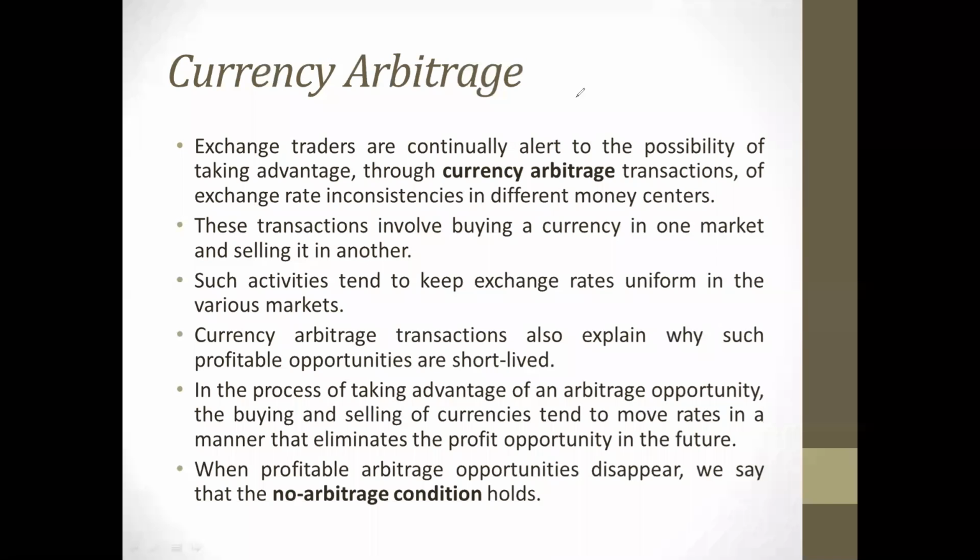So normally you are buying at a low price, and you are going to sell it at a high price. So the difference between this low buying price and high selling price, you can see there is a profit. Okay, so it is the same scenario that you can see from currency arbitrage, right?